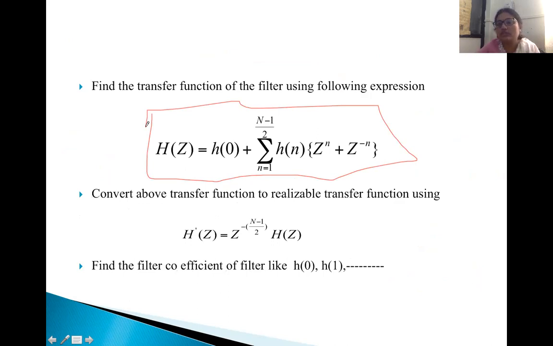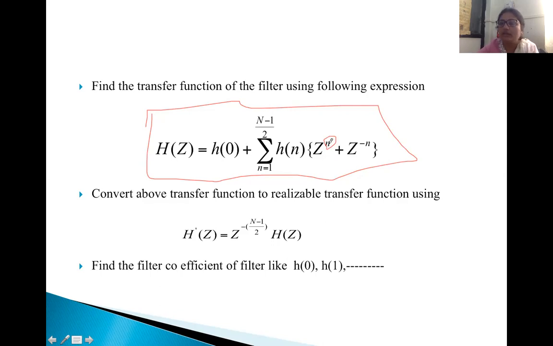In the transfer function, one more thing we observe is that the power of z is positive as well as negative. A positive power of z represents that the system is causal, and such a system cannot be realized, so we need to convert it into a realizable system.